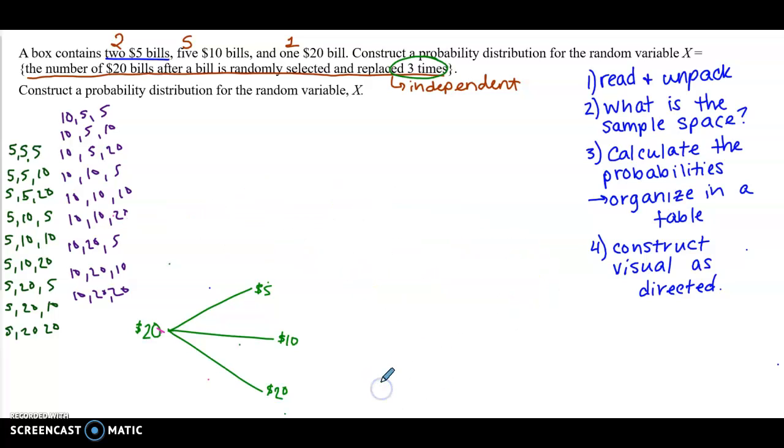As long as you take a systematic approach, you can do this however you like. So you pull a 20 first: 20, 5, 5; 20, 5, 10; 20, 5, 20; 20, 10, 5; 20, 10, 10; 20, 10, 20.